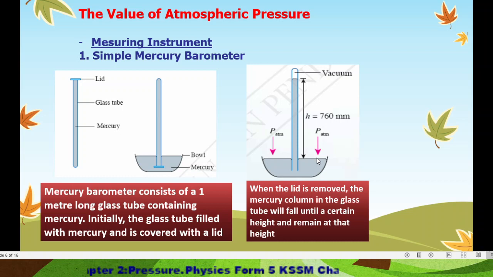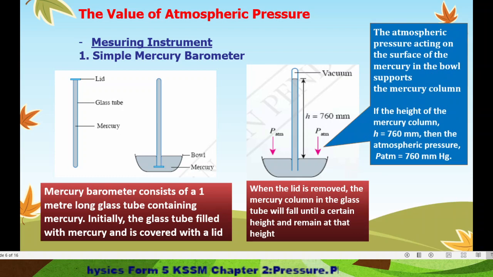So the outside here is caused by the surrounding air, we call it the atmospheric layer. So this value of pressure equals the pressure at this point. And the pressure at this point is caused by 760 millimeter. Thus, the pressure outside actually equals 760 millimeter mercury. So we use mercury as the liquid in this simple mercury barometer.